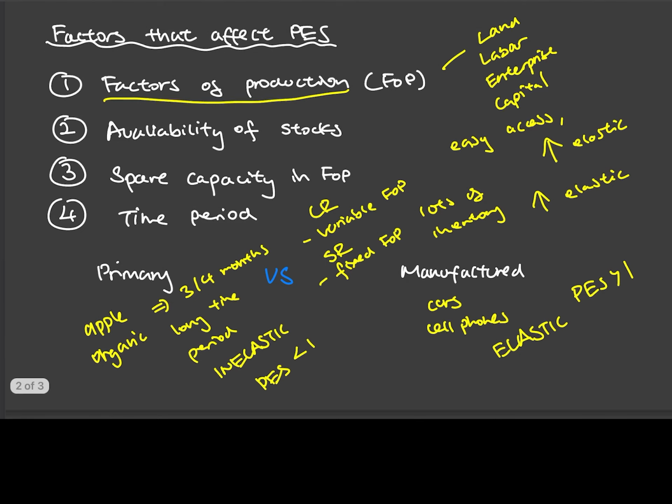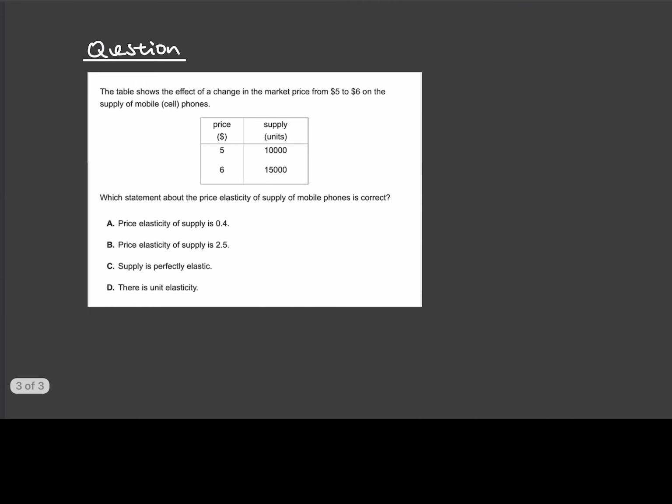Okay, so now using all of the knowledge that we learned, let's try and figure out a question, okay? Have a little think. Try to think back to what concepts you learned, the formulas, and have a go at this question. I'll assume that you had a go, and now let's decode it. What does this question ask us? The table shows the effect of a change in the market price from $5 to $6 on the supply of mobile phones. Okay, this is the keyword: mobile phones.